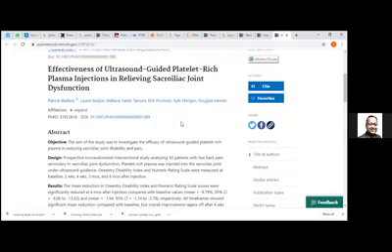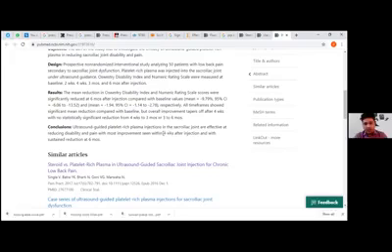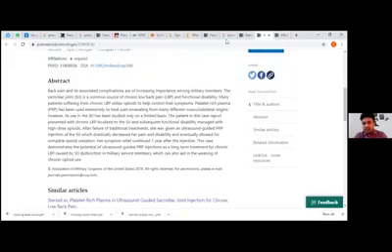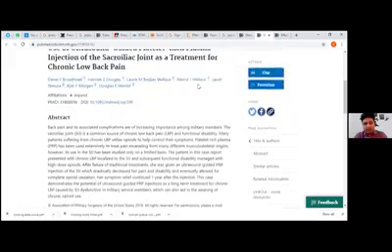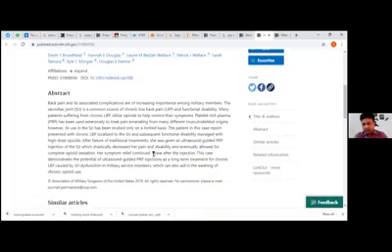Okay, so this is one study which is showing that for 4 weeks and then 6 months, they had sustained relief with ultrasound guided PRP injection in the sacroiliac joint, intra-articular injections. And this is another study which is saying that they found good results for 1 year. They found pain relief for 1 year.